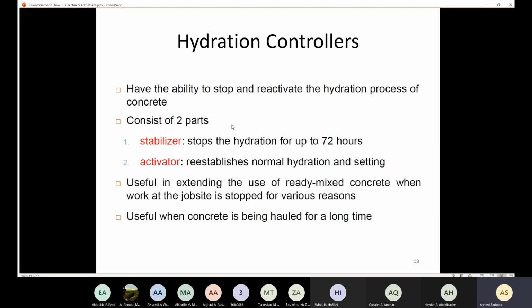So it consists of two parts. We have the stabilizer and we have the activator. The stabilizer has the ability to stop the hydration for up to 72 hours. So that's for a very long time. And when I use the activator, I'm going to reestablish the normal hydration and the setting.